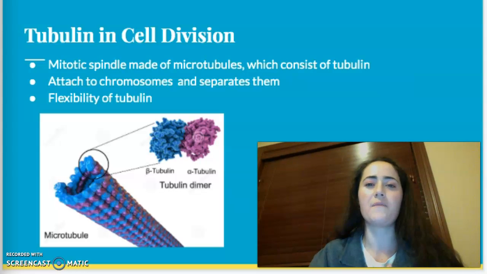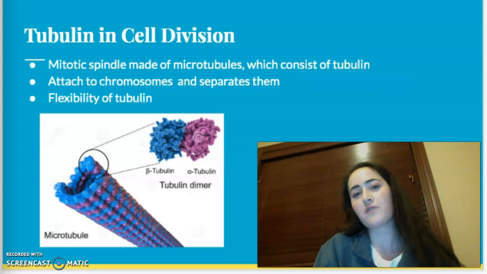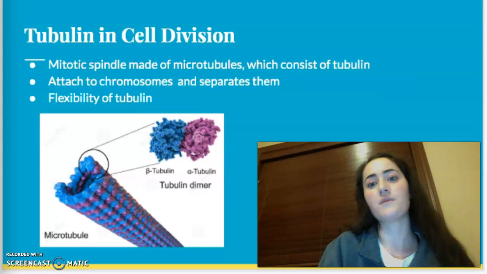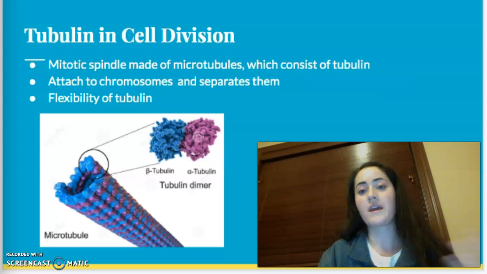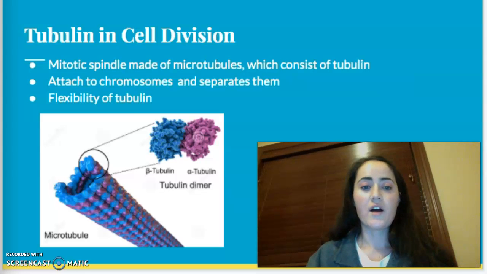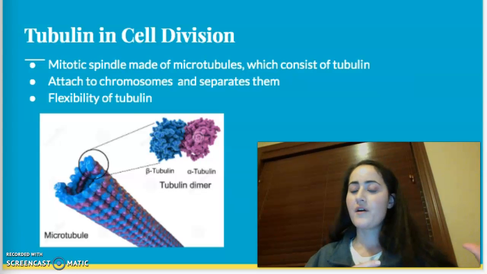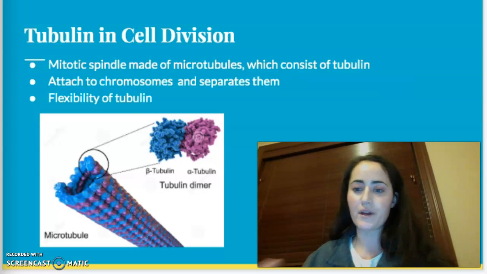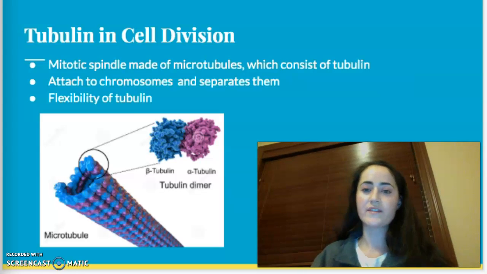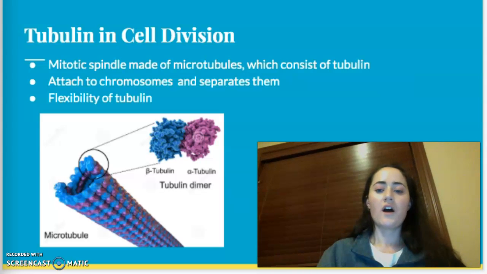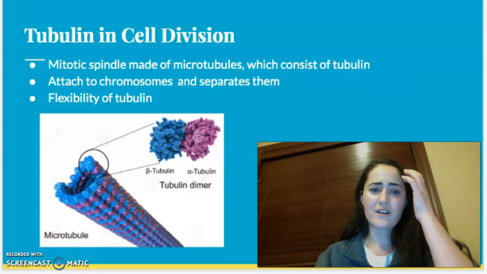I think that's a really great example of how structure leads to function, and understanding why it's flexible and how that function is carried out in the process of mitosis is really interesting. Now that we understand what tubulin is, and how this leads to bigger organizational structures within the cell, such as microtubules and the mitotic spindle, I wanted to go over how this can be targeted in different types of cancer therapy.